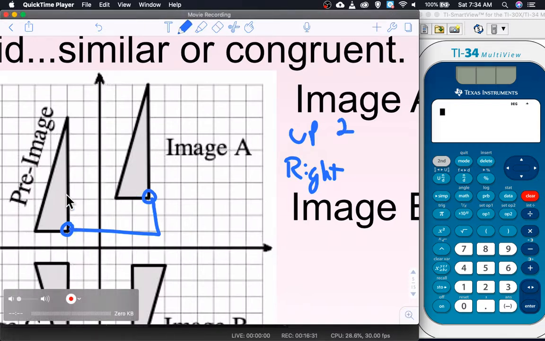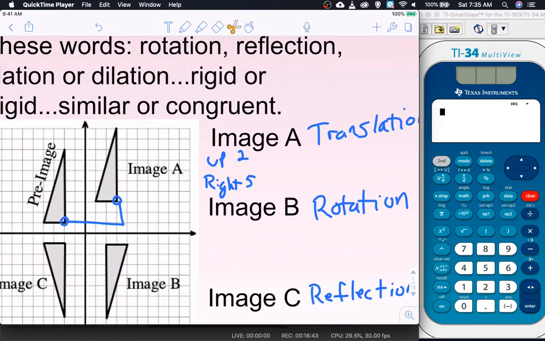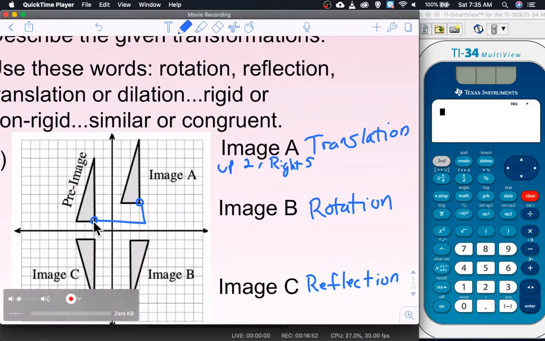I'll take that. But now instead of being to the right 3, it's to the right 1, 2, 3, 4, 5. That is now a pretty good answer. So we have image A is a translation up 2, right 5.